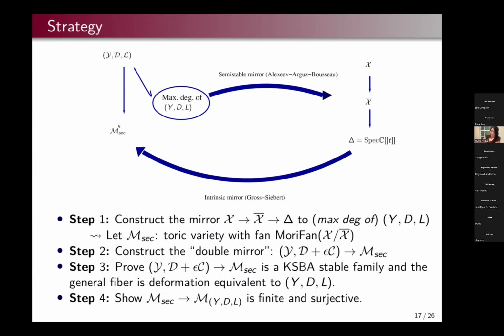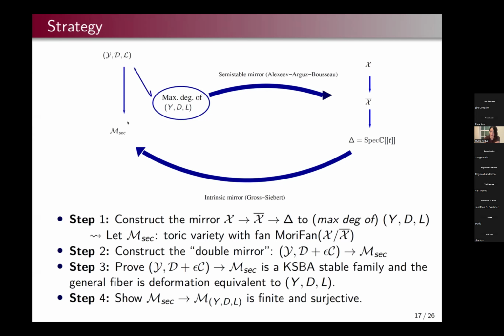It's the correct inverse Gross-Siebert mirror in some way. So our construction is essentially providing a way to talk about mirrors of degenerations which are not log smooth, and it's a good indication that when we run our mirror on such degenerations followed by the Gross-Siebert mirror, we obtain a family where the general fiber is diffeomorphic to what you start with.